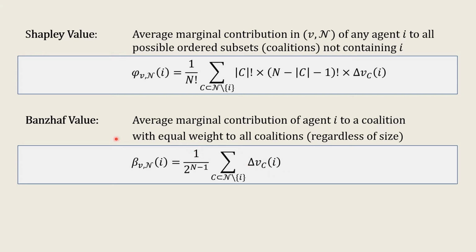The Banzhaf value is simply the average marginal contribution of an agent to a coalition, and all coalitions are given equal weightage, so that beta I, the Banzhaf value of I, is 1 over 2 to the n minus 1 of summation over all coalitions, not ordered coalitions, just coalitions now, delta V(C, I), the marginal contribution.